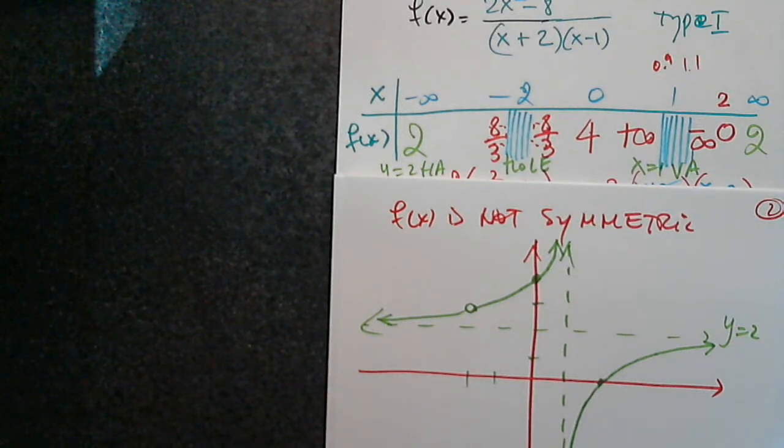Because the graphing calculator doesn't know as much as you do about this function. 2 functions. Every time you put a rational function in the calculator, please don't forget to put parentheses around the top and parentheses around the bottom. No matter what you have. So in parentheses, the top was 2x squared minus 8.